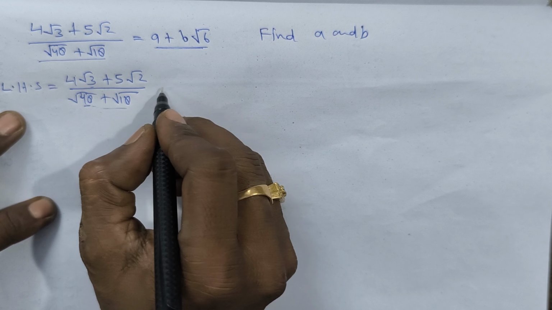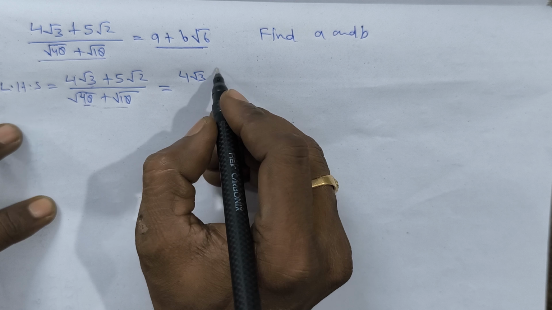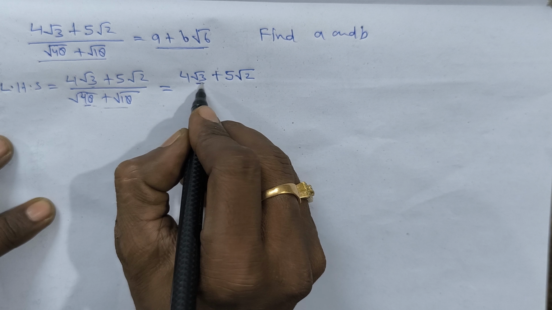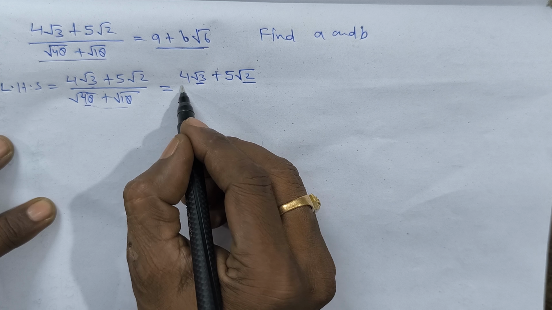So that will be 4 root 3 plus 5 root 2. These two numbers are already prime numbers, so they are the last factors; we cannot break those.